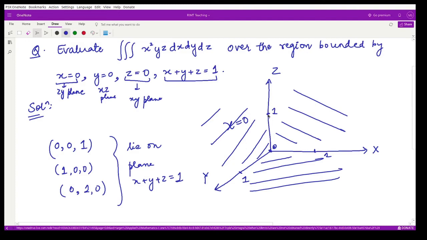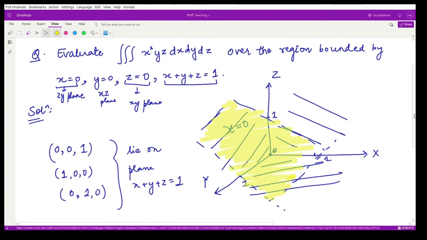So your plane would be something like this, right? So this might be your plane. Now we have to calculate the volume, and for that we have to determine the limits of integration.